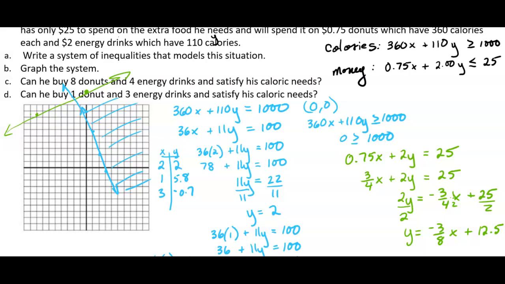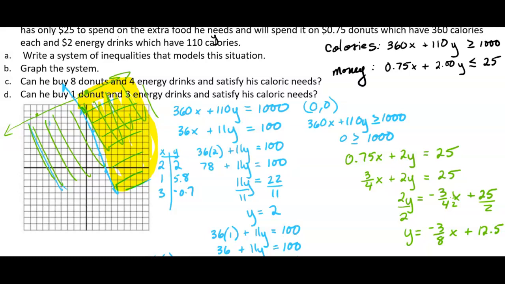Okay, now if you just focus on the green line, will 0, 0 work? Yeah, because if he doesn't spend any money, that's going to work. So down in here, green. You get this little area right in here of possible donut and energy drink combinations that will satisfy the conditions.